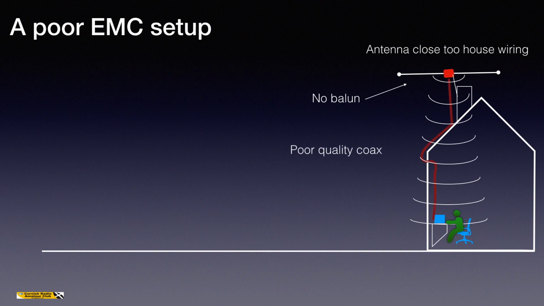There is poor quality coax. Also, that coax will radiate from its braid because there is no balun, and that means that you can get radiation from the coax braid. That will also exacerbate the effect on the house wiring. And there's no RF earth for the shack.